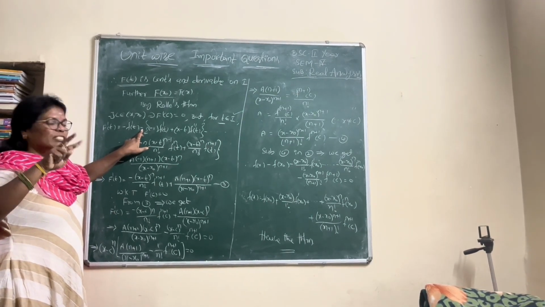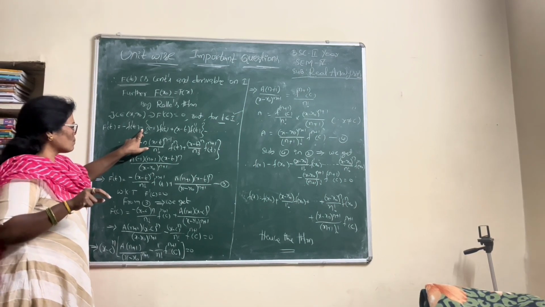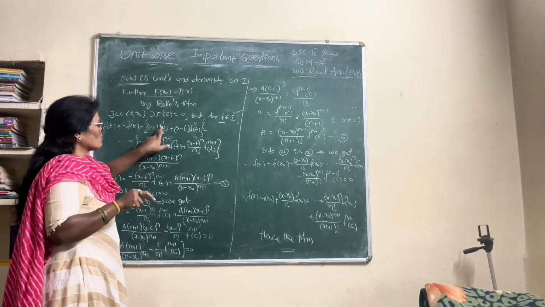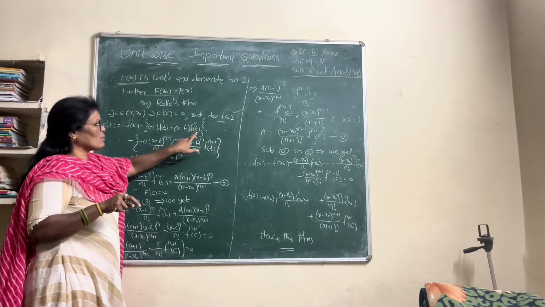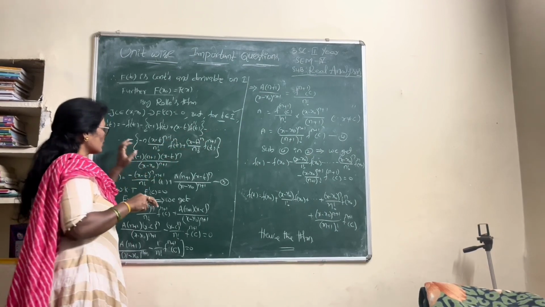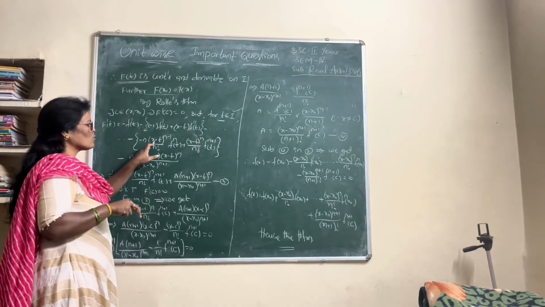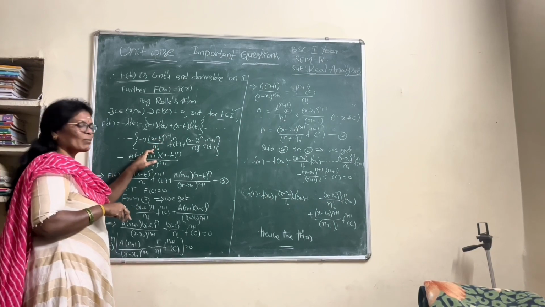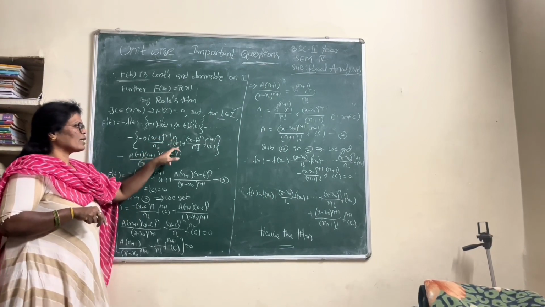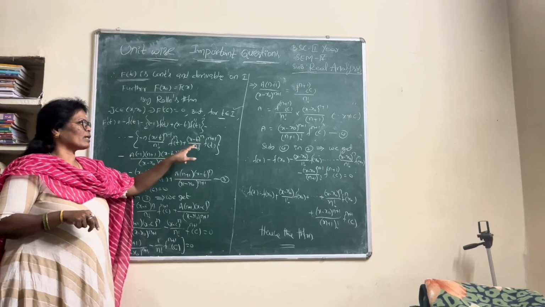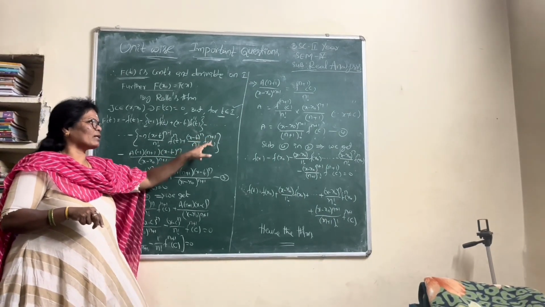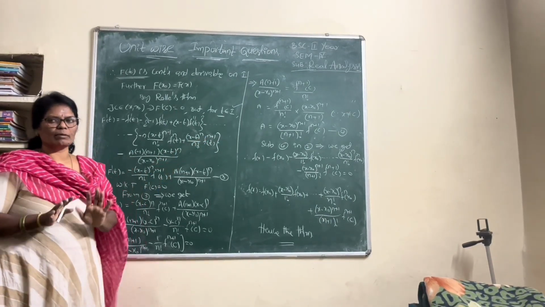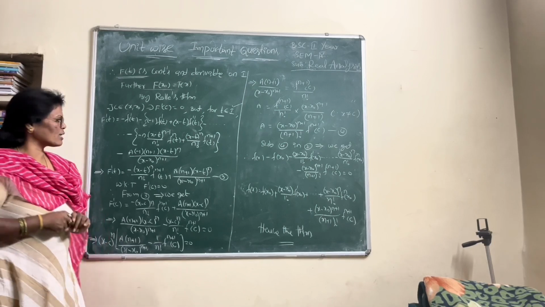That is the UV method you should apply. So minus 1 into f dash of t plus (x minus t) into f double dash of t minus and so on. Here minus of minus n into (x minus t) whole power n minus 1 by n factorial f power n of t plus (x minus t) whole power n by n factorial into f power n plus 1 of t. It becomes this after differentiating the first equation.